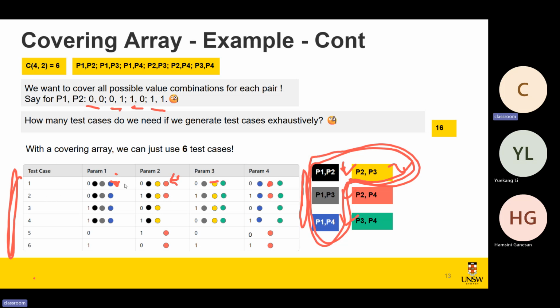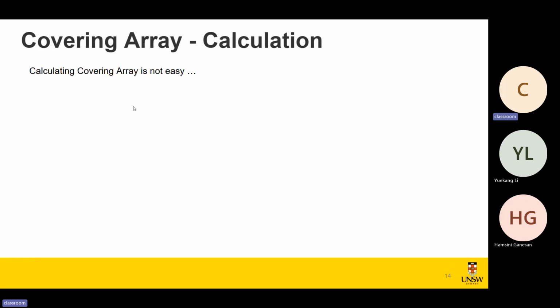We checked with this array that this is enough for us to cover all the possibilities, but how do we get this array from scratch? And it is actually not an easy problem.